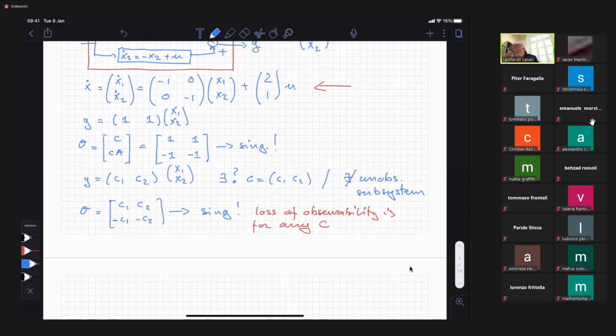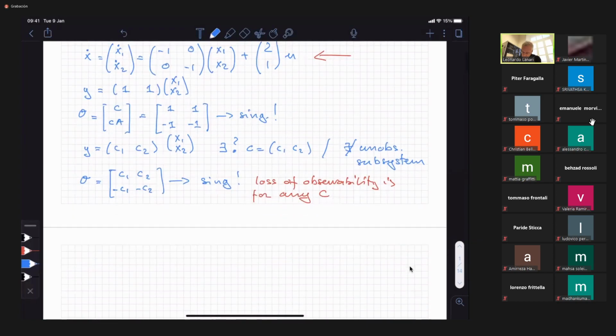Okay, then I try to make things a little bit more clear by saying, okay, what does unobservable mean? And I said unobservable is equivalent to indistinguishable from zero, from the origin.